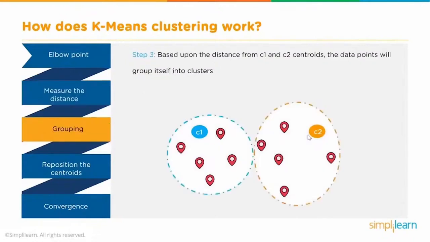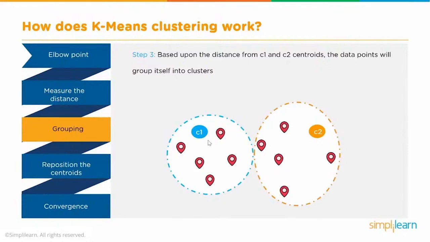And this is how the initial grouping is done. This is part of C1 and this is part of C2. Then the next step is to calculate the actual centroid of this data, because remember, C1 and C2 are not the centroids. They've been randomly assigned points, and the only thing that has been done was that the data points which are closest to them have been assigned to them.